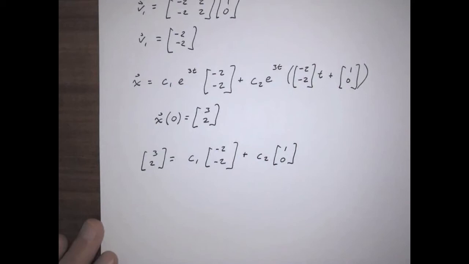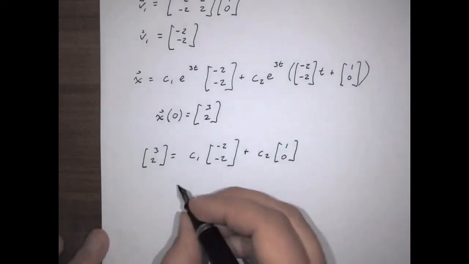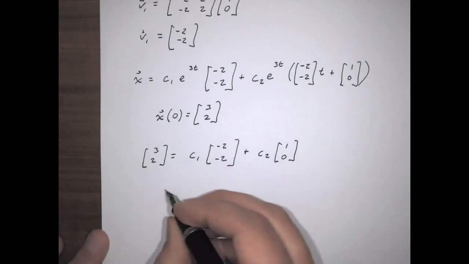And in fact, it looks like you can solve this by any means that you know and love from linear algebra, such as row reducing or what have you. But this is actually quite easy if we just look at the second line here.